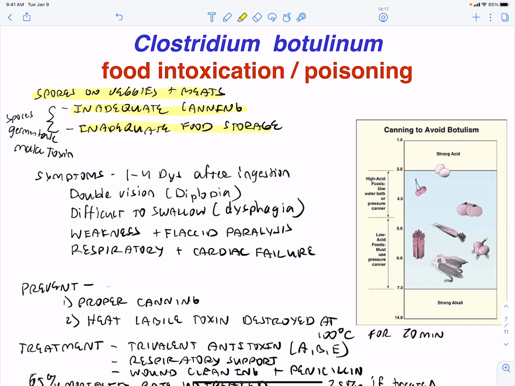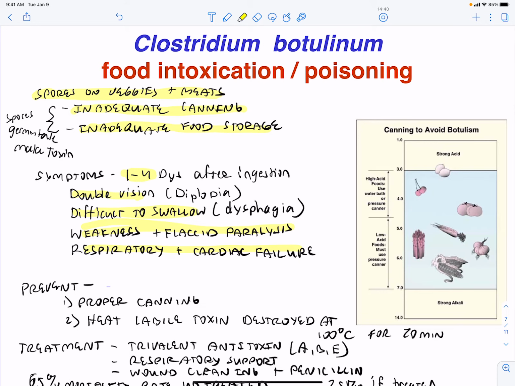And then the spores are going to germinate in each of those conditions, and they're going to make the toxin. So when you eat the food, the toxin is pre-made. Now the symptoms for food intoxication are about 1 to 4 days after ingestion. You're going to get double vision, difficulty to swallow, flaccid paralysis, and then you eventually will have cardiac and respiratory failure.